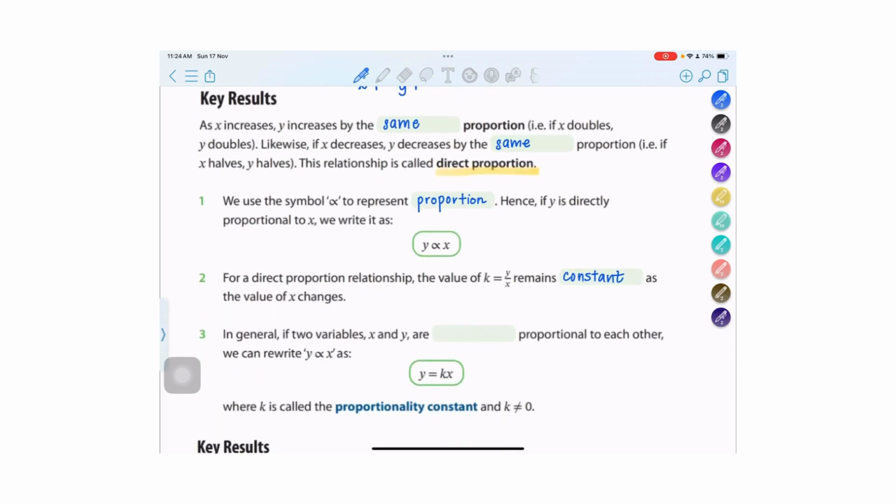In general, these two variables x and y are directly proportional to each other, so we can conclude that the equation is y = kx.